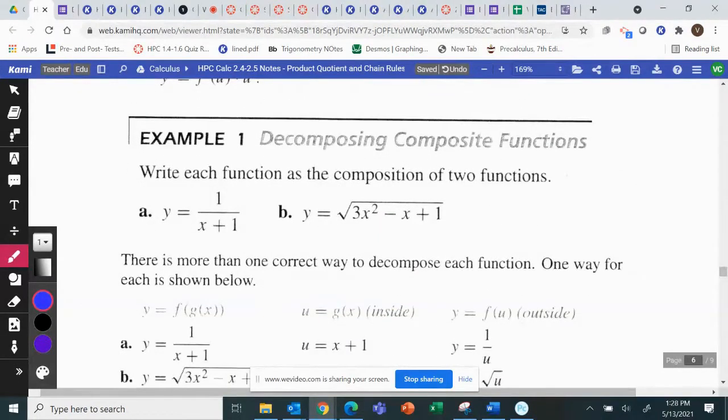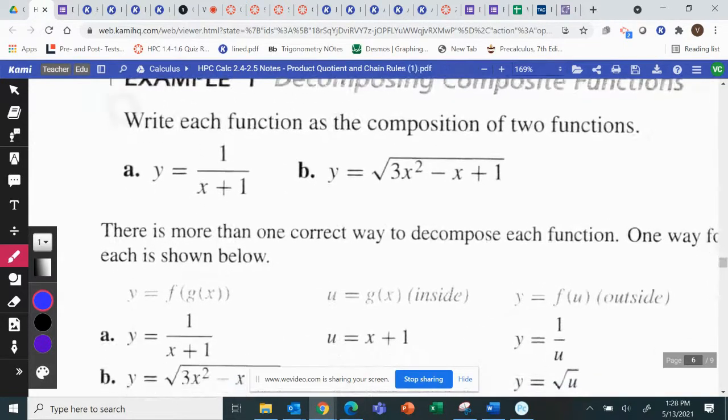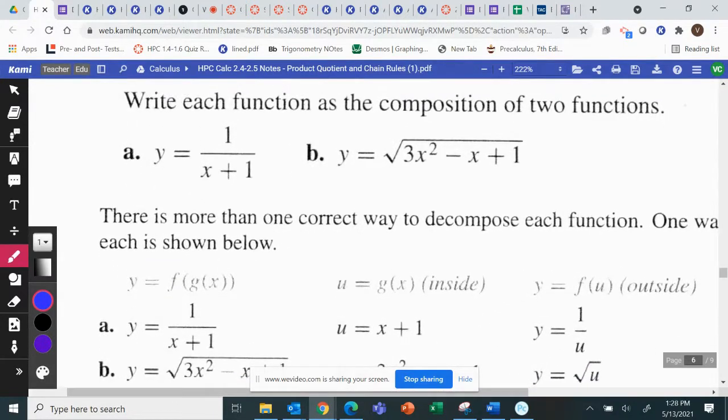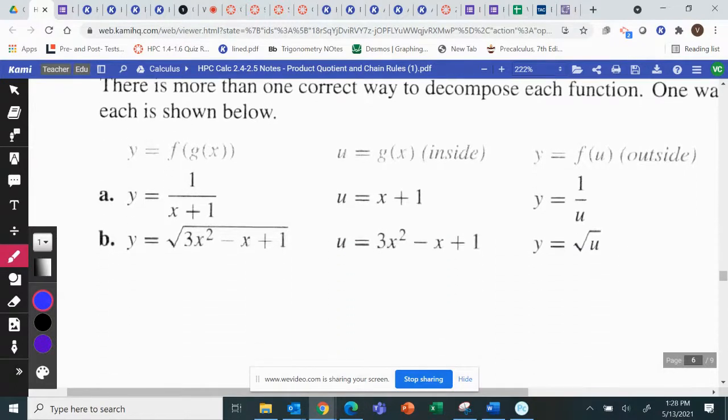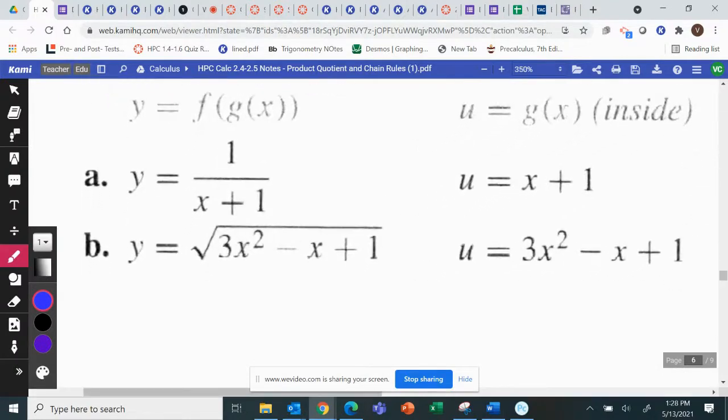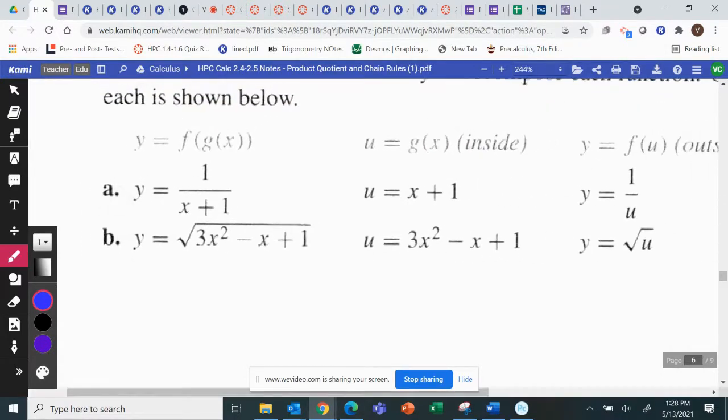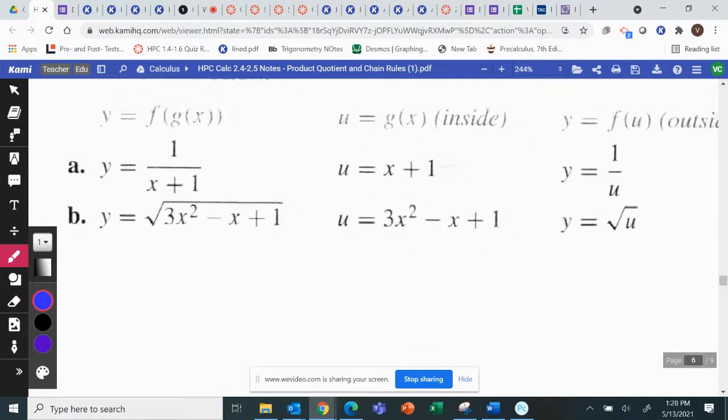And here are two examples where we will look at these as being two separate functions, so we can see what's inside and what's outside. If you look at question A, y equals 1 over x plus 1. What I'm saying right now isn't necessarily the only outside-inside answer. There could be other ways to look at this, but this is probably the most popular way.